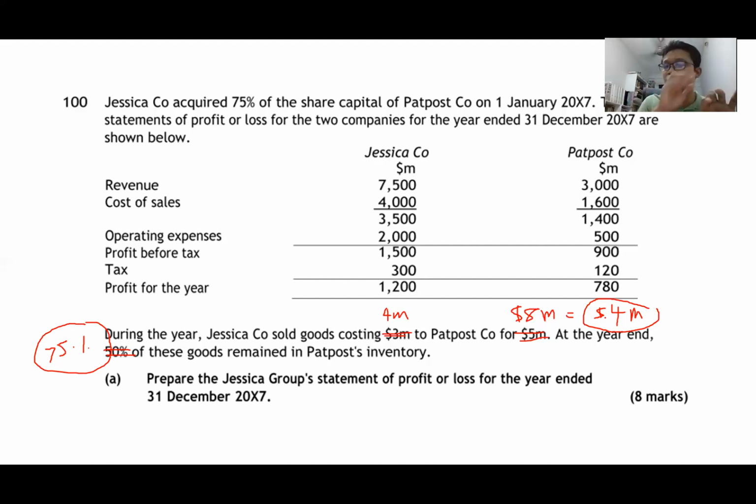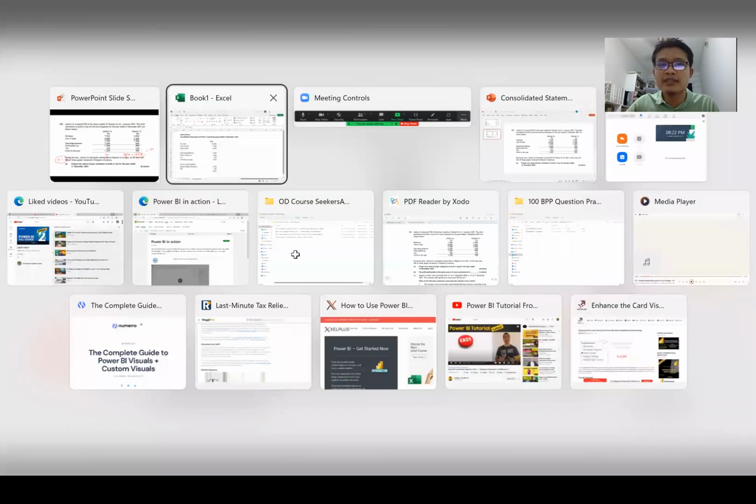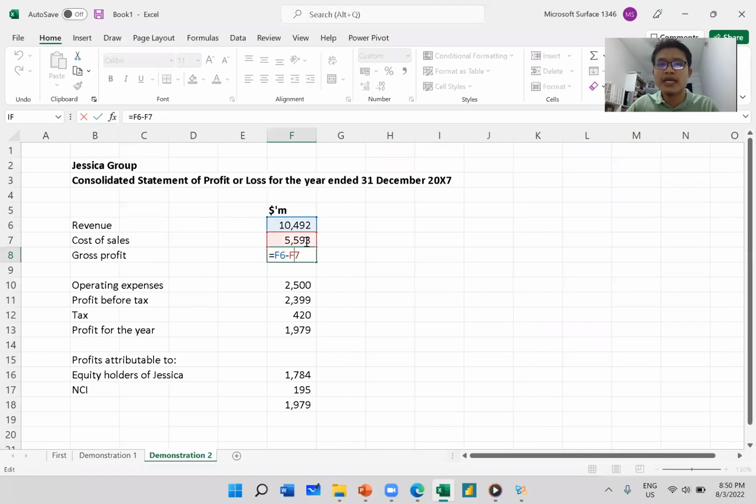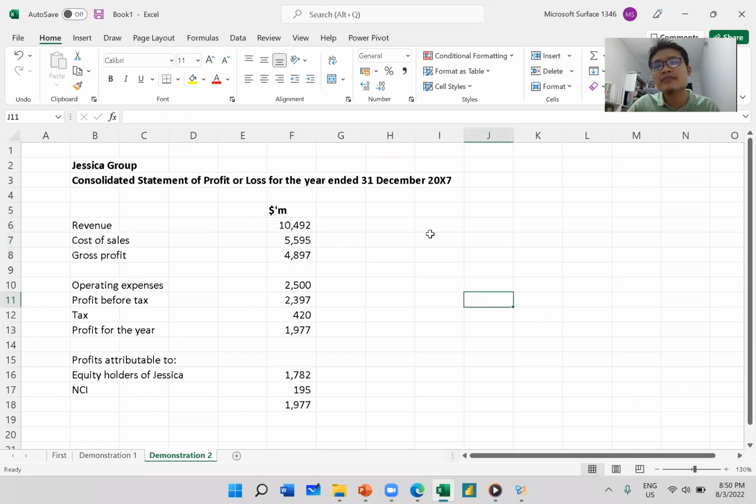Okay, unrealized profit you would add to your cost of sale. But how much? 4 million in total. You only add that portion that has not been sold, which is 75%. 75% multiplied by 4 million, press calculator, you will get 3 million. So you will add 3 million to cost of sales. That's it. That's the end of it. Thank you, everyone.